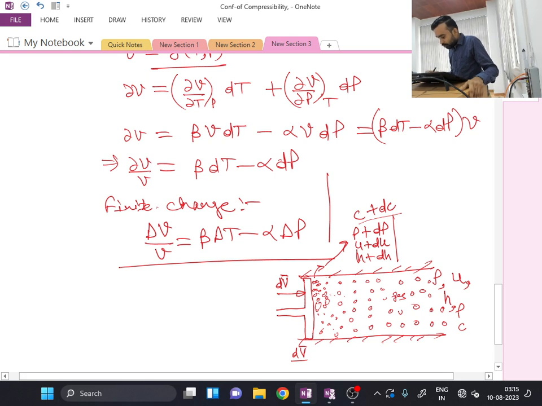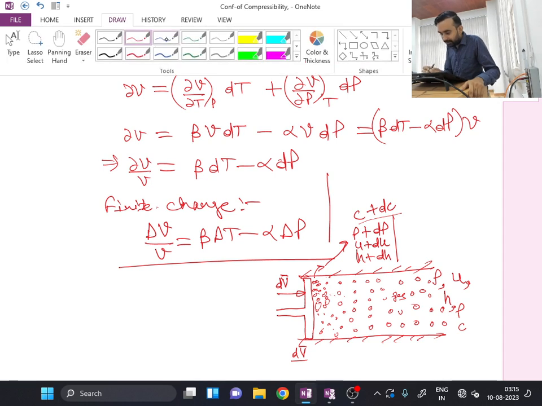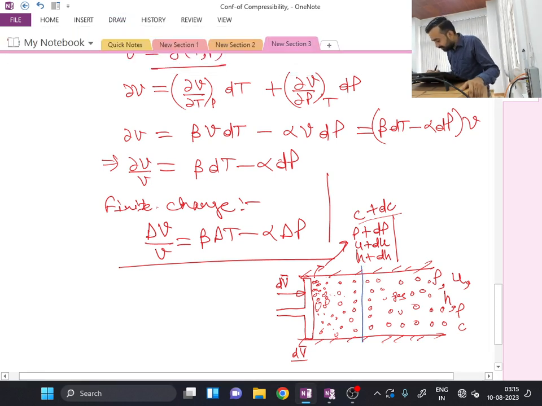Okay, so the wave front will be moving something like this very fast. So I can consider that, say, at some instant the wave front is at this location. When the wave front is moving, before the wave front my properties will be P plus dP, C plus dC, U plus dU, and H plus dH.